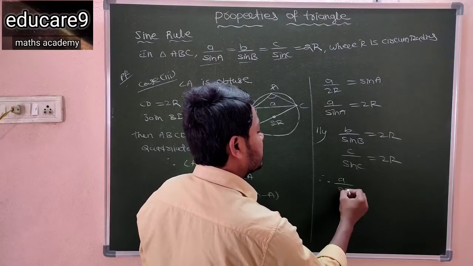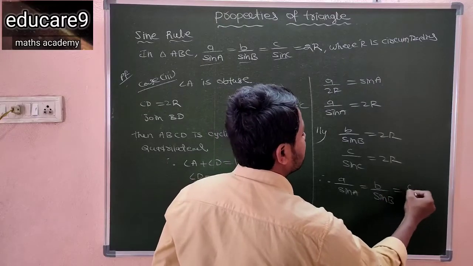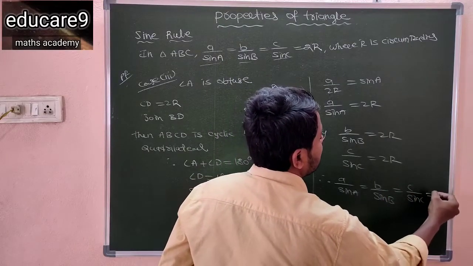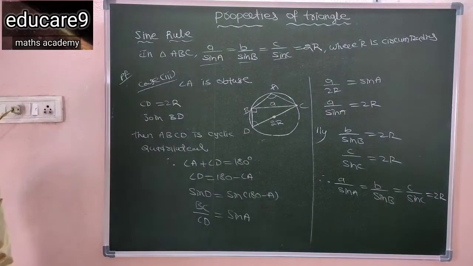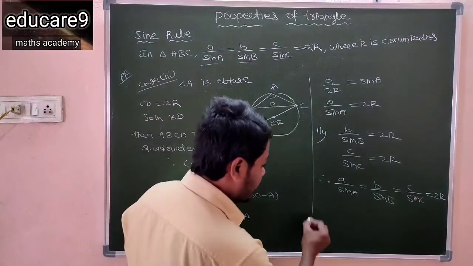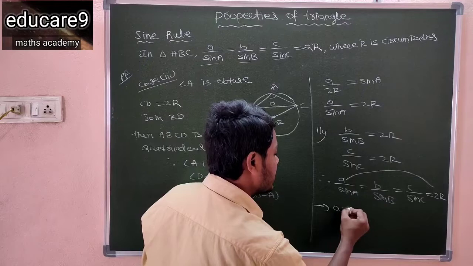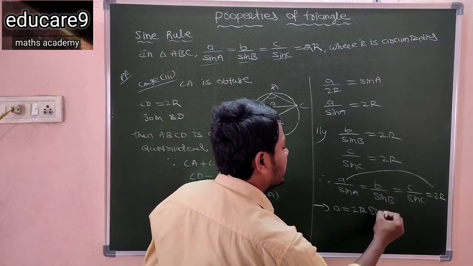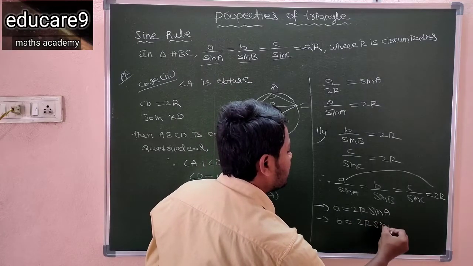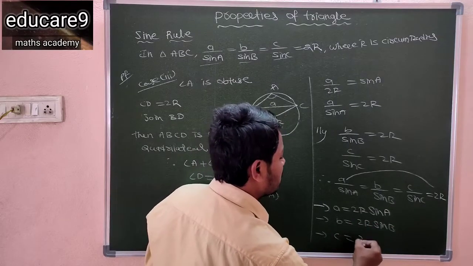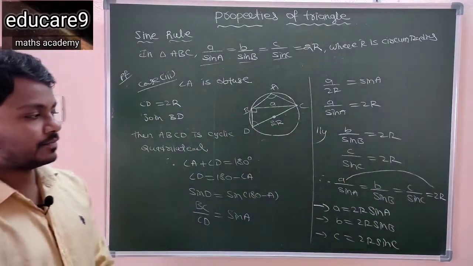Therefore a by sin A is equal to b by sin B is equal to c by sin C is equal to 2R. This is the sine rule. Equating first and last, a is equal to 2R sin A, b is equal to 2R sin B and c is equal to 2R sin C. These are the formulas.